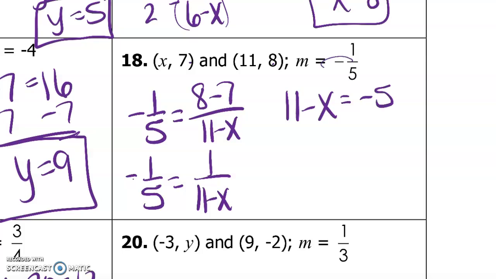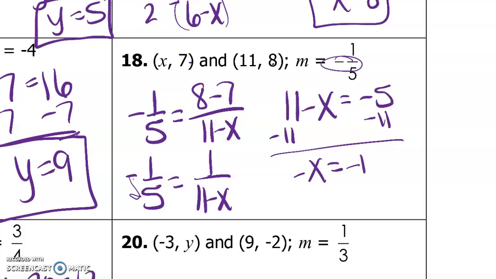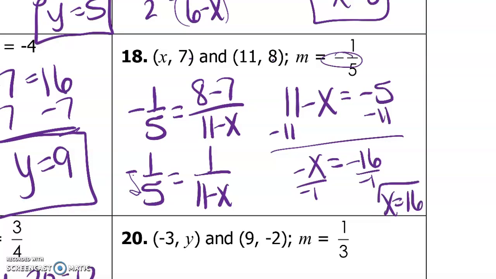So when you have a negative out in front of your fraction, it can go with either the top number or the bottom number. So I made this positive 1 and then used the negative down with the 5. So then I would have to subtract 11, giving us negative x equals negative 16. We don't want negative x though, so divide by negative 1 and x equals positive 16.